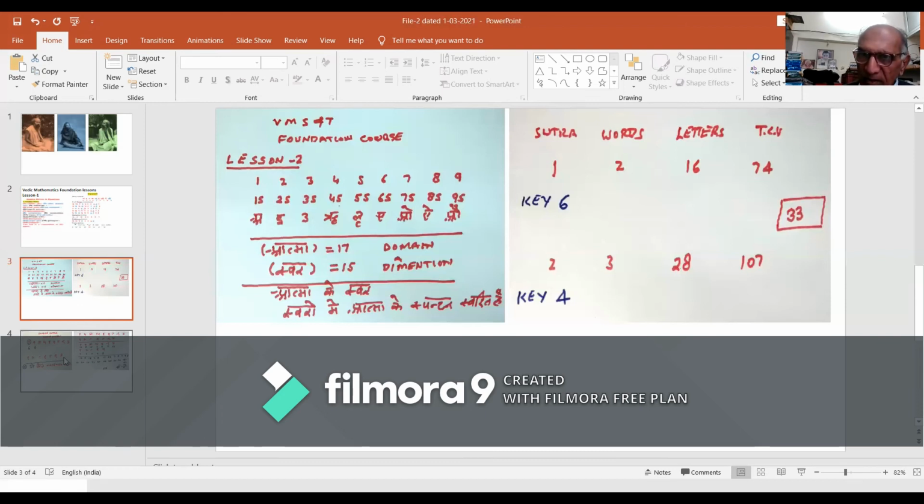Ganita Sutra 1 is a text of 2 words, while Ganita Sutra 2 is a text of 3 words. Ganita Sutra 1 is a text of 16 letters, while Ganita Sutra 2 is a text of 28 letters. Ganita Sutra 1 is of TC value 74, while Ganita Sutra 2 of TC value 107.